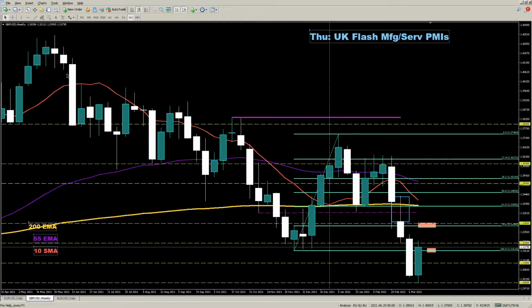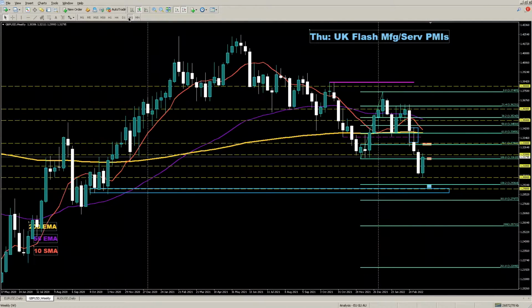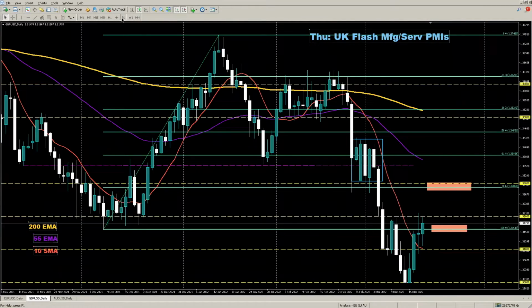So there is a possibility of a continuation bullish move back up to retest this resistance area at the 786 and perhaps test the 133.00. So we'll see whether that's possible for next week.